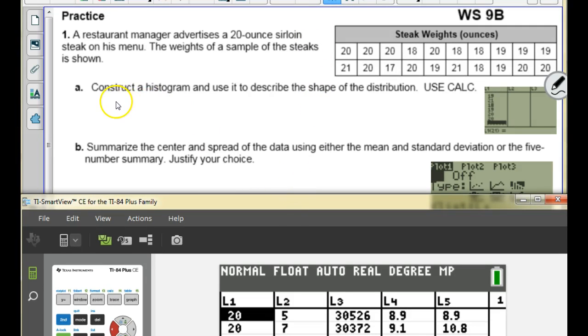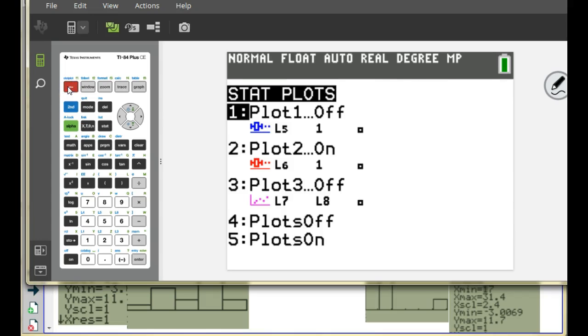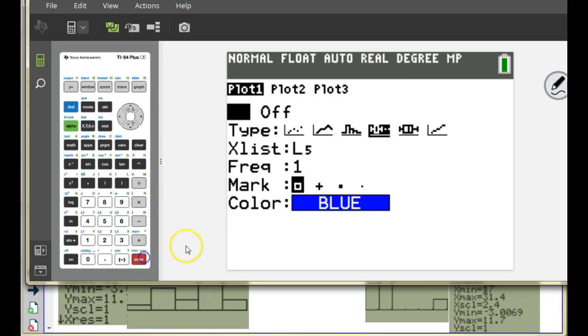Okay. So it says construct a histogram. So I put all the data in. Does anybody remember where we go to look at a histogram? It's a plot we need to turn on. Okay. And the plot that we're going to choose is the one that looks like a bar graph. Everybody okay?